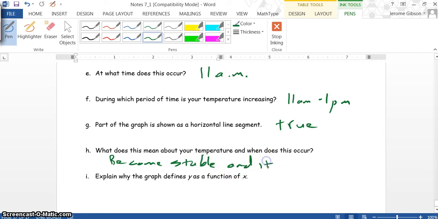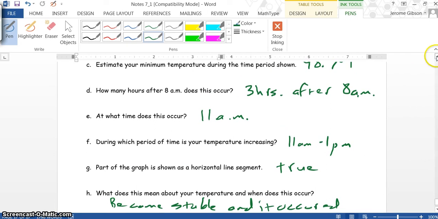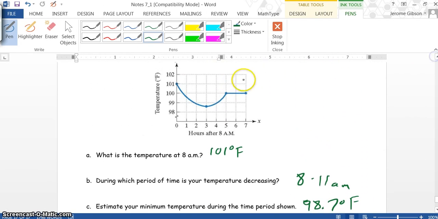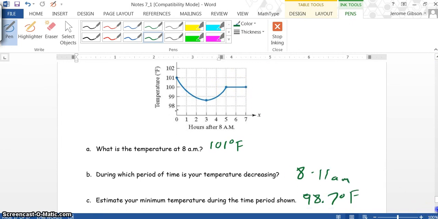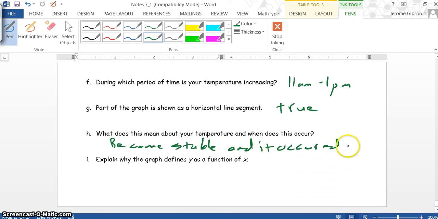And it occurred, let's look at the time. It was from 1 p.m. until 3 p.m.